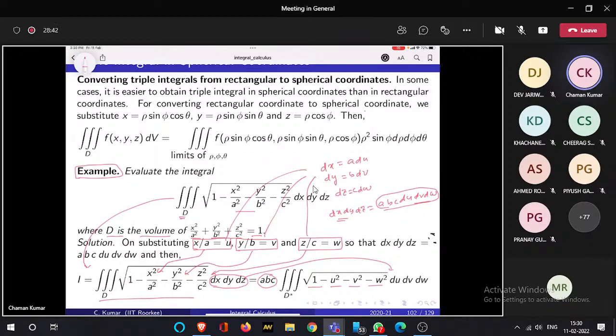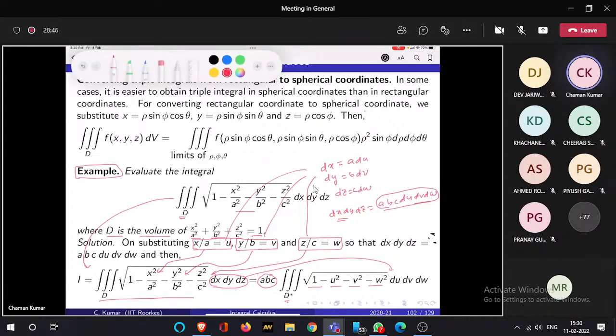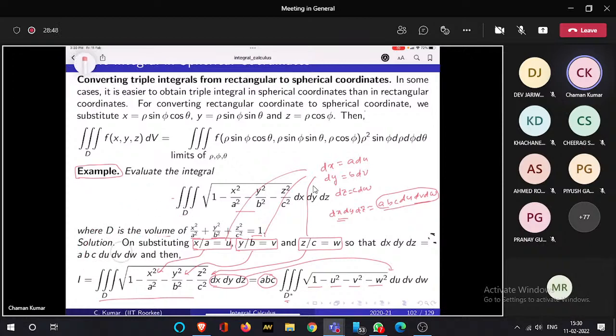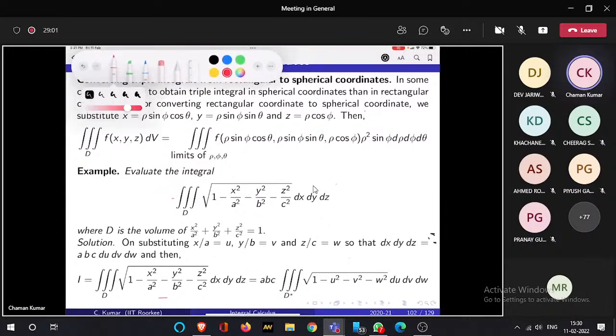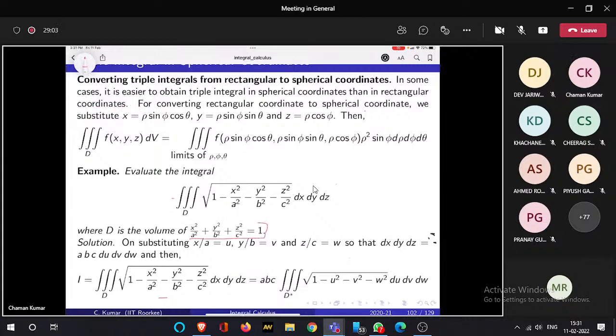So you have this triple integral, and where D is replaced by now D star. But what is D star? D star is just this sphere in the new transformation. So my D was x square by a square plus y square by b square plus z square by c square is equal to 1.